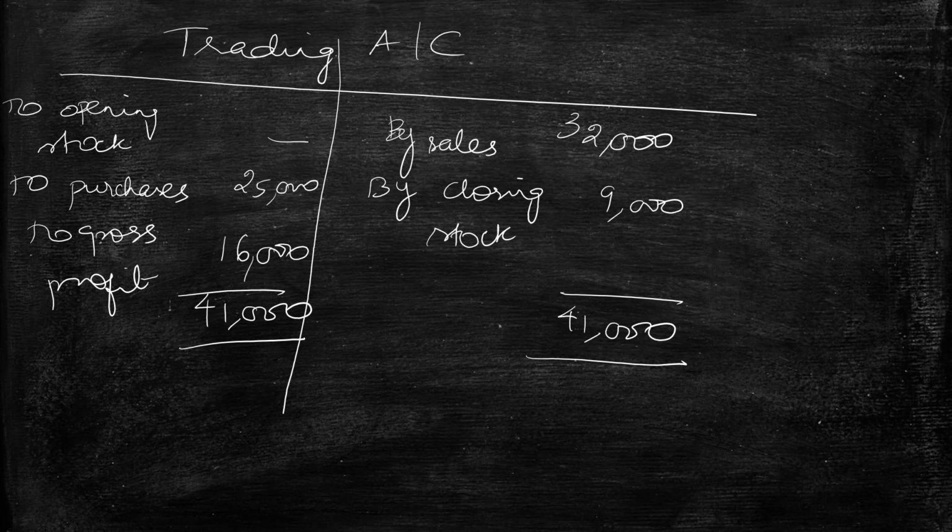What we are going to do now is prepare the P&L account, where we have to enter the gross profit. We are carry forwarding the gross profit to the P&L account.